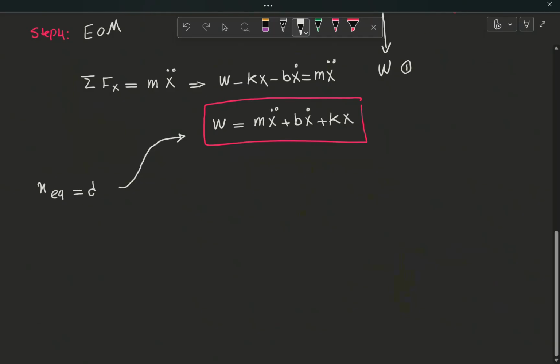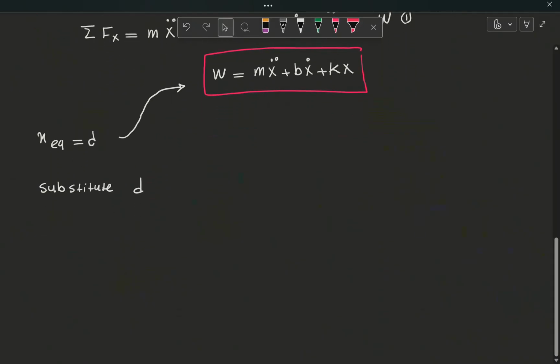So if you substitute d, or the static equilibrium point, in the dynamics that you have, let's call this equation smiley.